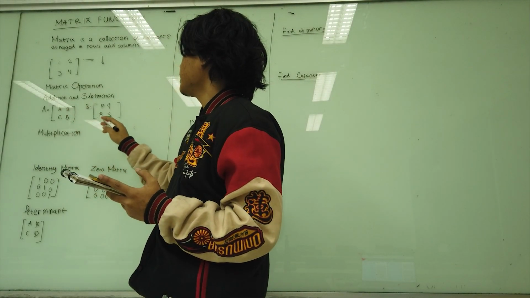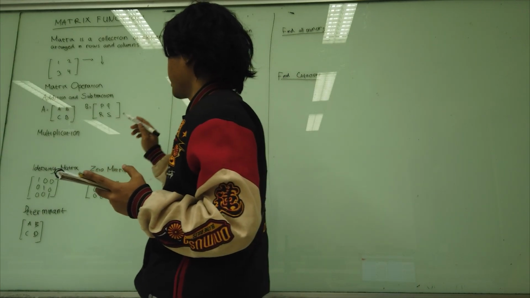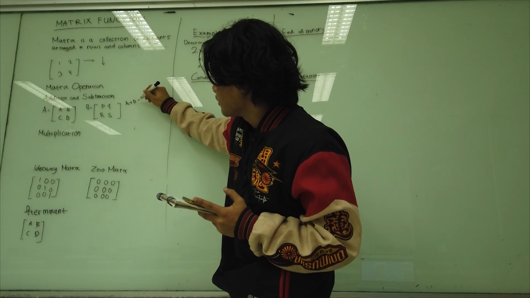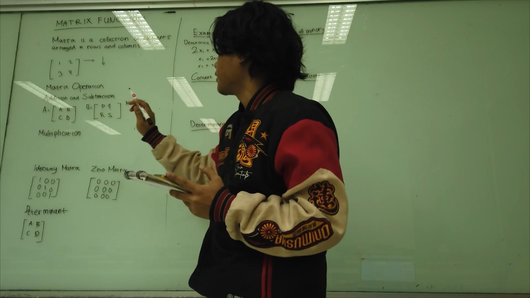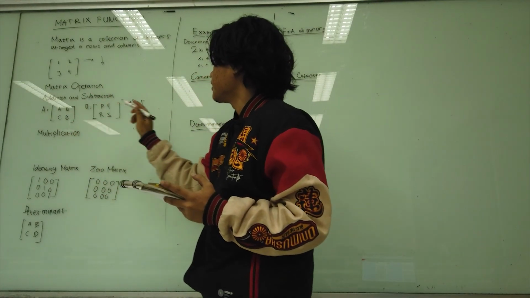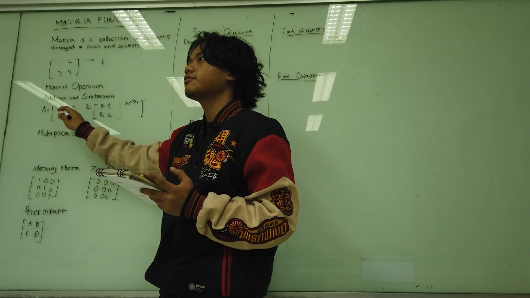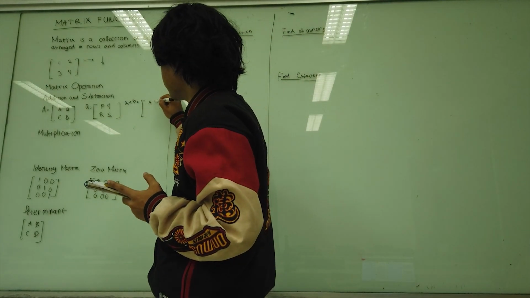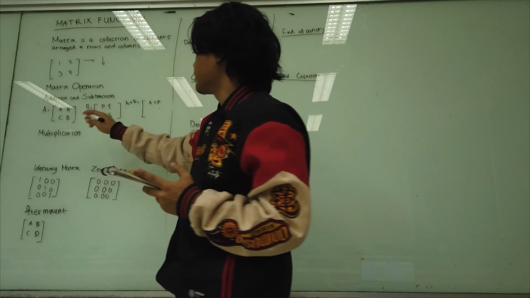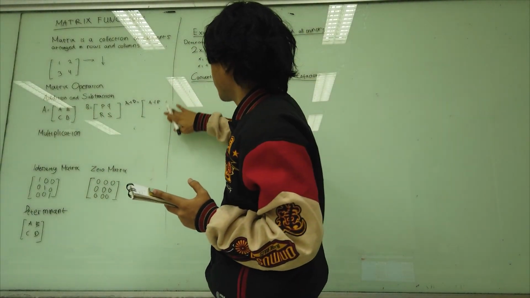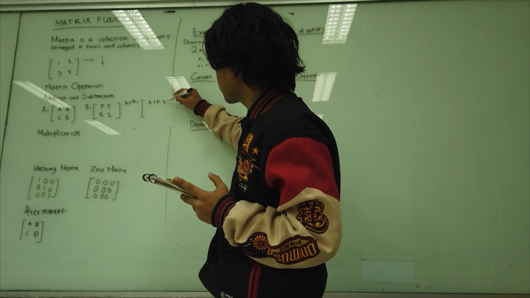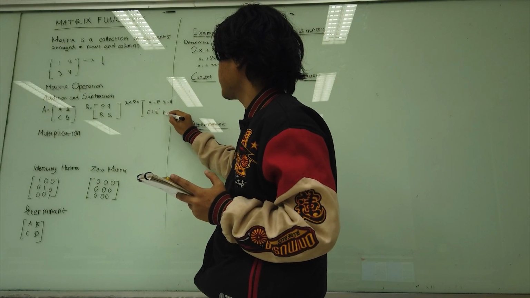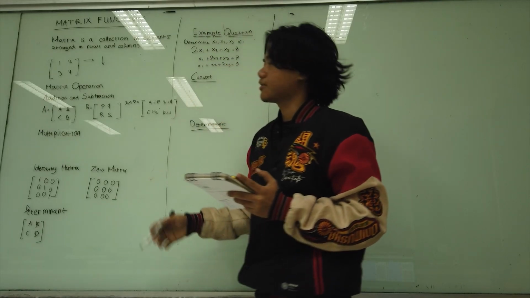The first one is A, B, C, D, and the second one is P, Q, R, S. To add these, just add the first row and first column with the first row and first column from the other matrix, and it goes the same way with the other parts: C plus R, and the last one is D plus S. It is quite simple.